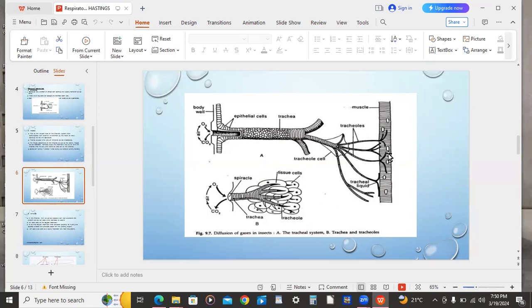These are the tracheoles, and we have the tracheal fluid, which is found in the cells of an insect. These are the tracheoles, and also these are the tracheoles. We also have the muscle cells, the epithelial cells, and the body of an insect.